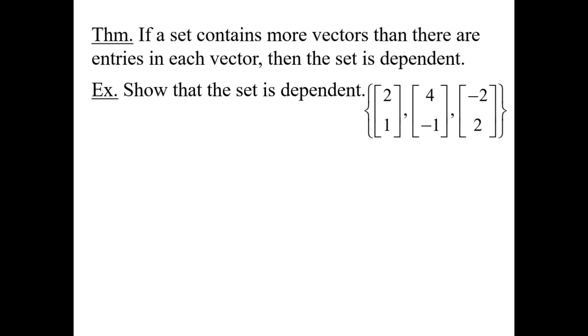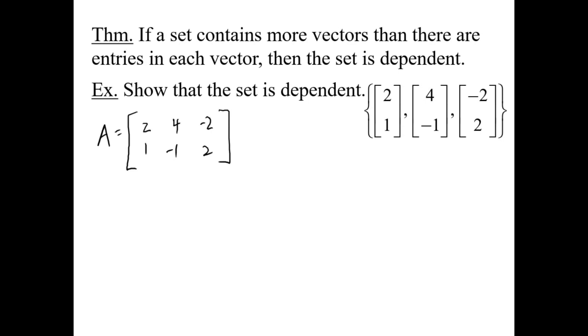Well, remember, one of our ways to show dependence is to form matrix A. Matrix A has the columns that are each of these vectors: 2, 1, 4, -1, -2, 2. Now think about this for a second.